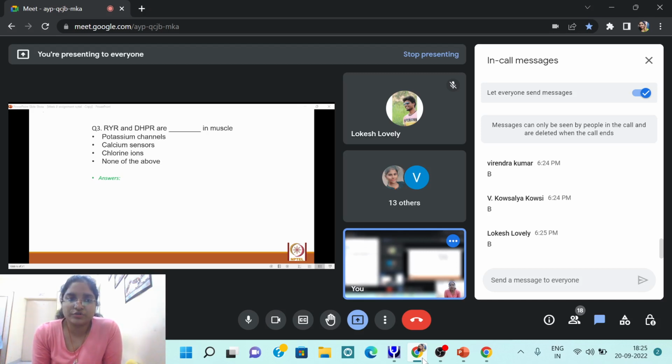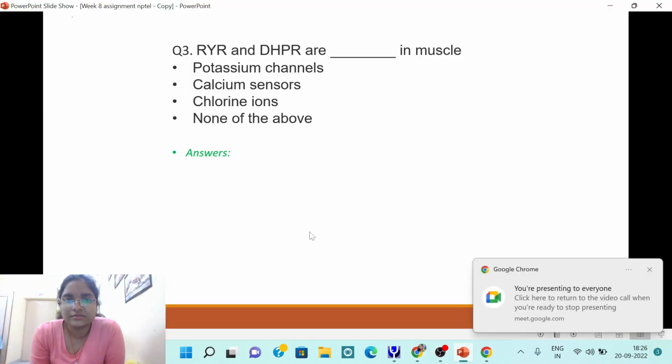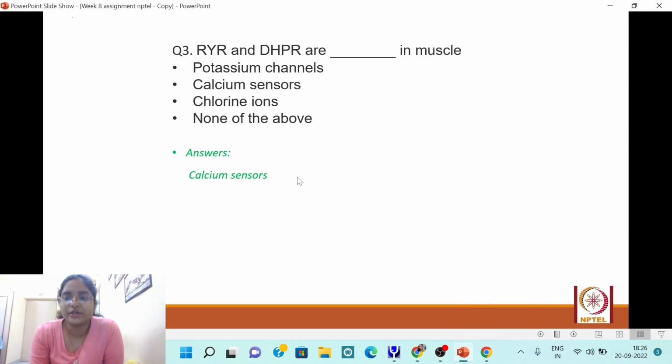Okay. So if you're saying calcium sensors, is it? Let's see what is the correct answer. So the correct answer is calcium sensors. Very good, who have answered it correctly, who have at least tried to answer it.